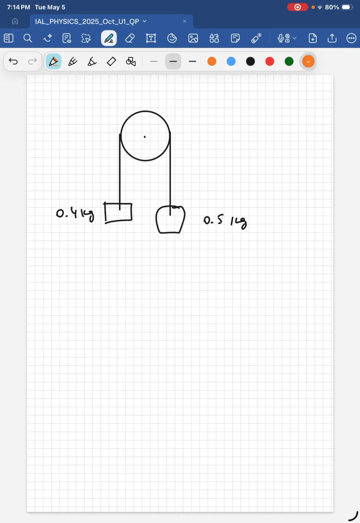So let's draw the forces. So there will be the tension from the string, which is going to be the same for both masses. And then let's use red. We're going to have 0.5 times g for the weight of the 0.5 kilograms mass, and 0.4 times g for the second mass. Okay, so these are all the forces.